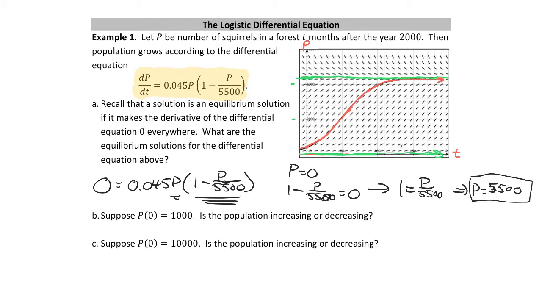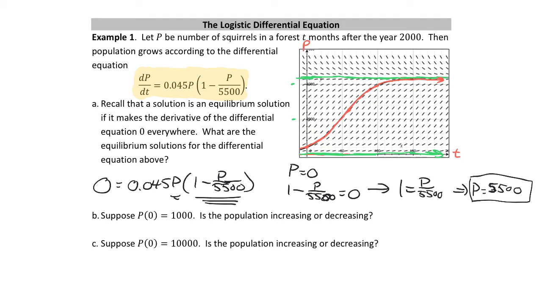Okay, so let's ask this question. Suppose P of 0 is 1,000. That means at time 0, we have 1,000 squirrels. Is the population increasing or decreasing? Think back to your Calculus 1 days. How do you know if something is increasing or decreasing? You look at its derivative.